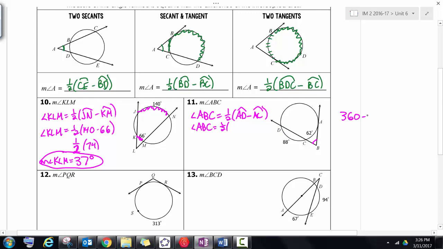And the circle is 360. So I can figure out what that arc is because they should all add up to 360. And it's actually 266 when we do the math there. So it's 1/2 of 266 minus 62. 266 minus 62 is 204. Half of 204 is 102 degrees. So the measure of angle ABC is 102 degrees.